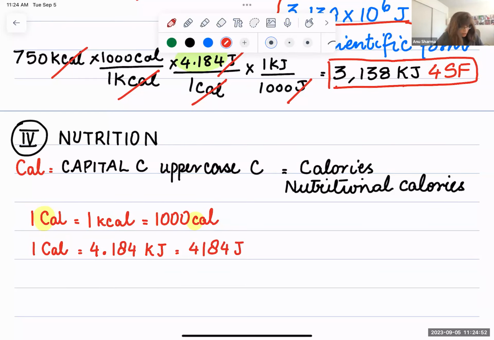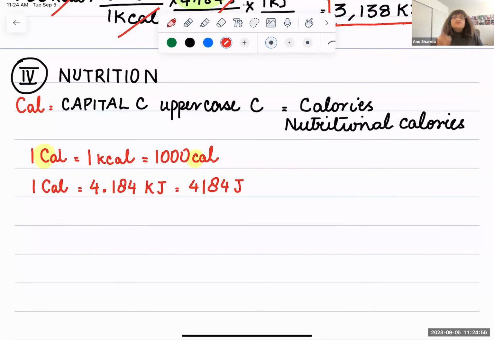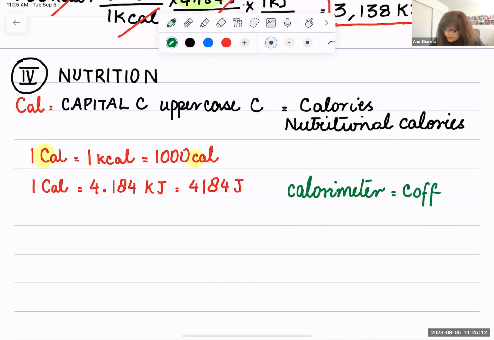Now, how do they do this? They do this in an insulating flask, called a calorimeter. You don't have to worry too much if you don't get that. But a calorimeter is like a coffee cup. A coffee cup is a kind of calorimeter, not the best kind, but it acts like one because it traps the heat.